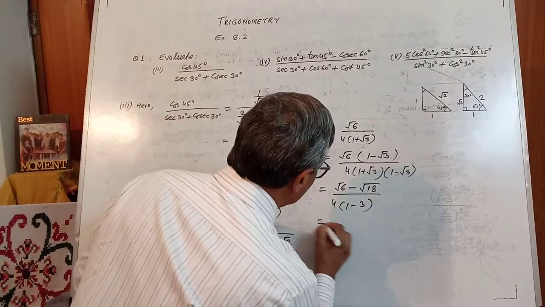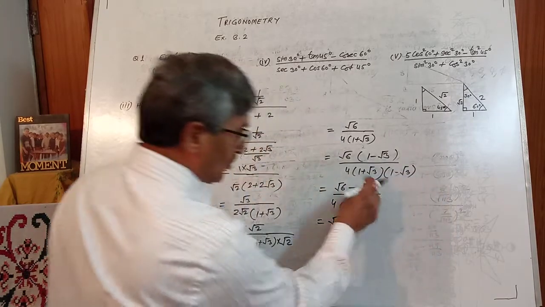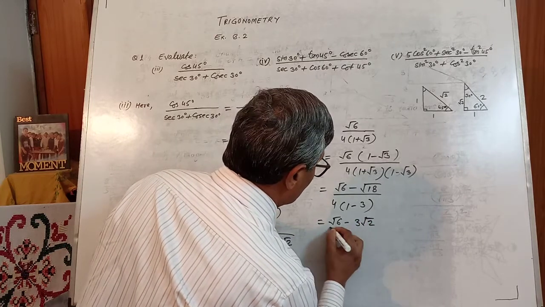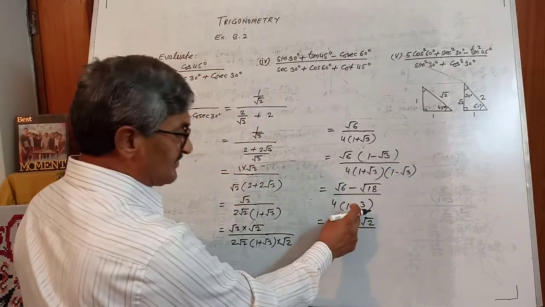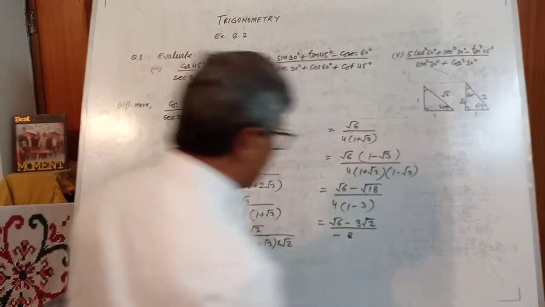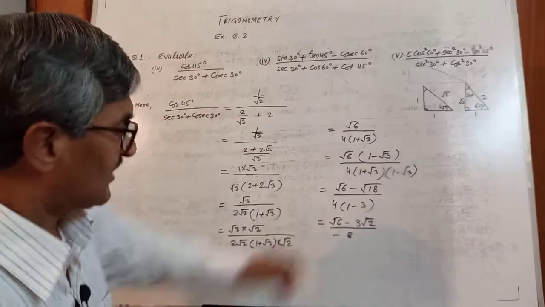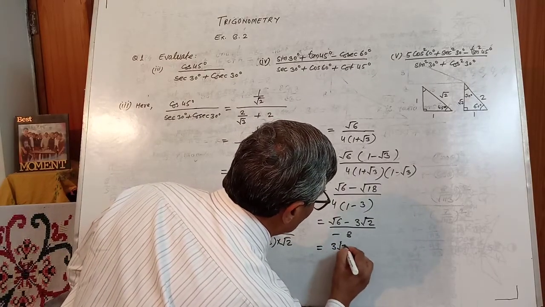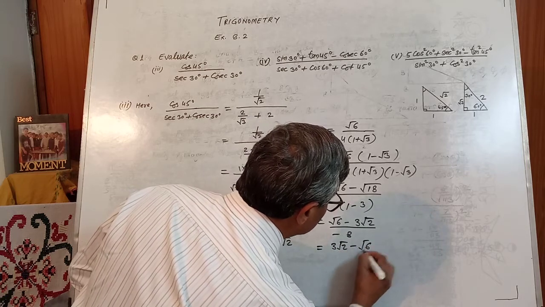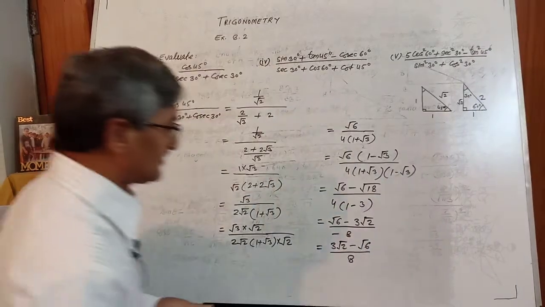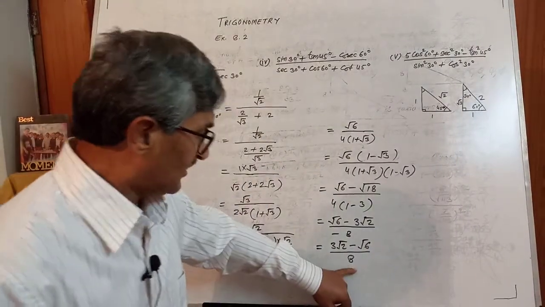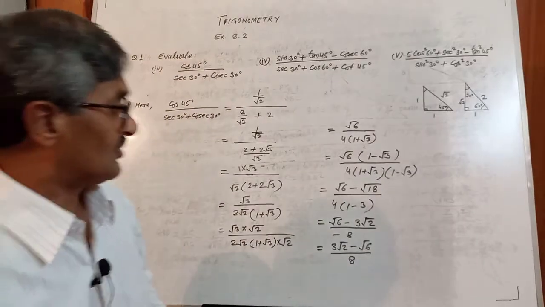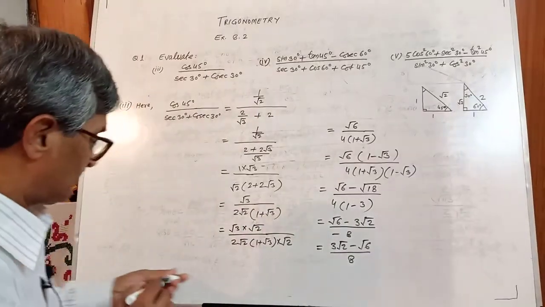Here what are we getting? Root 6 minus root 18, which can be written as root 6 minus 3 root 2, divided by minus 2 times 4, which gives minus 8. If you put the minus on the numerator side, then we get 3 root 2 minus root 6 divided by 8. This is the answer. Here the denominator is now a rational number. So this way you are going to get the answer. Note down this.